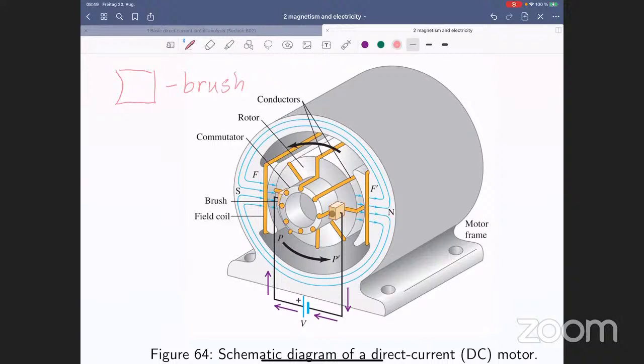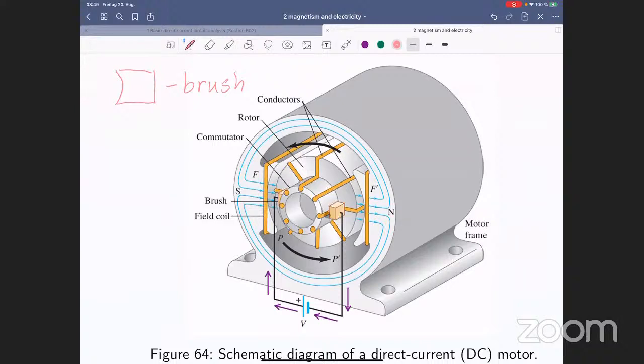It's made of carbon, and the function of this piece is to pass the current to any pair of the conductor.